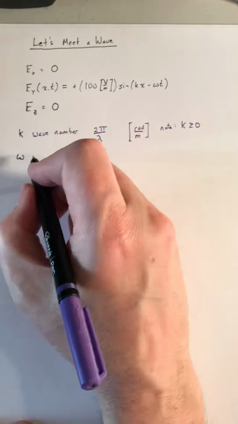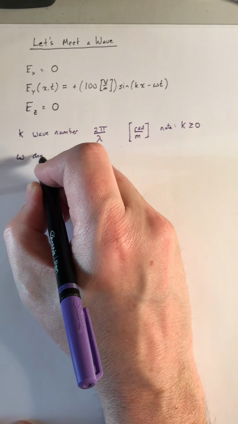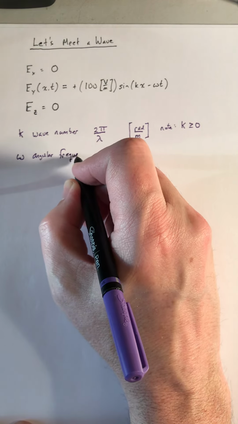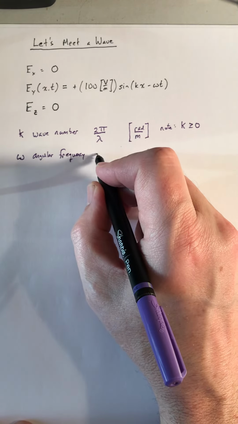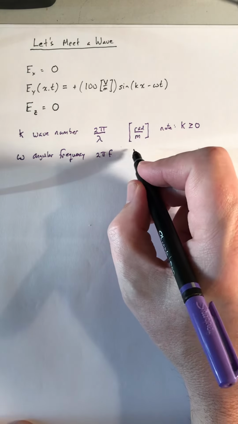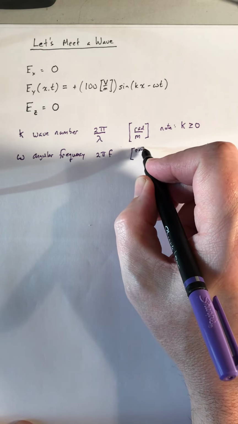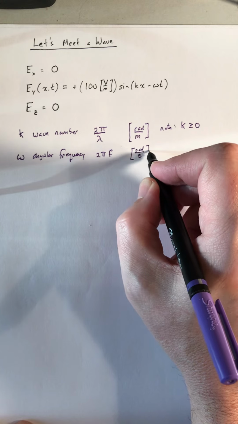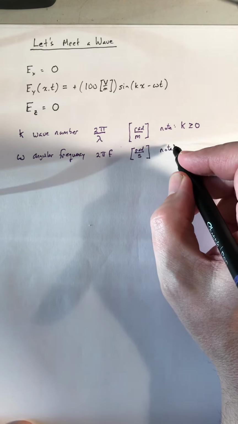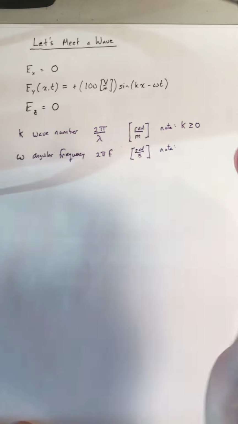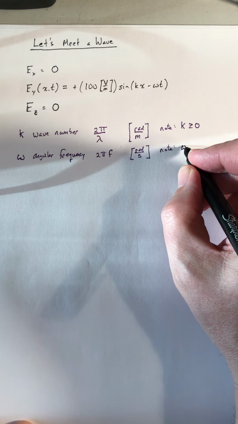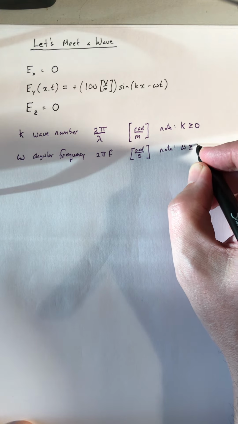Omega is our old friend, the angular frequency, and that is 2 pi times the frequency. Its unit of measure is going to be in radians per second, and again, since the frequency can't be negative, the smallest omega can be 0.